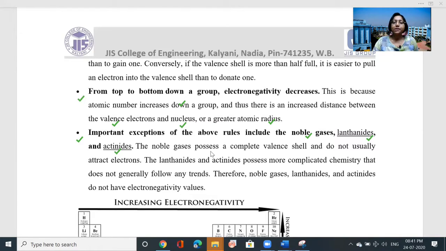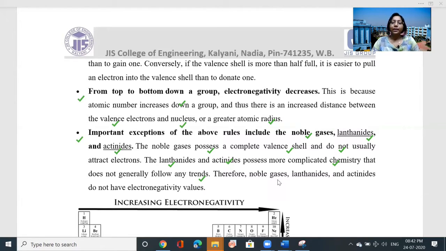The noble gases possess a complete valence shell, the complete octet, and do not usually attract electrons. The lanthanides and actinides possess more complicated chemistry and do not generally follow any trends.